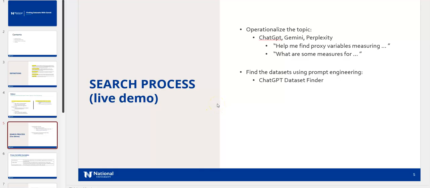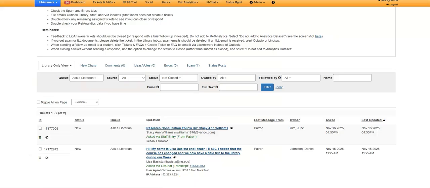Okay, so to show you a live demo of the search process, operationalizing the topic, what I mean is sometimes you'll have a research question, but the variable isn't clearly measurable. For example, we'll use ChatGPT to find proxy variables.